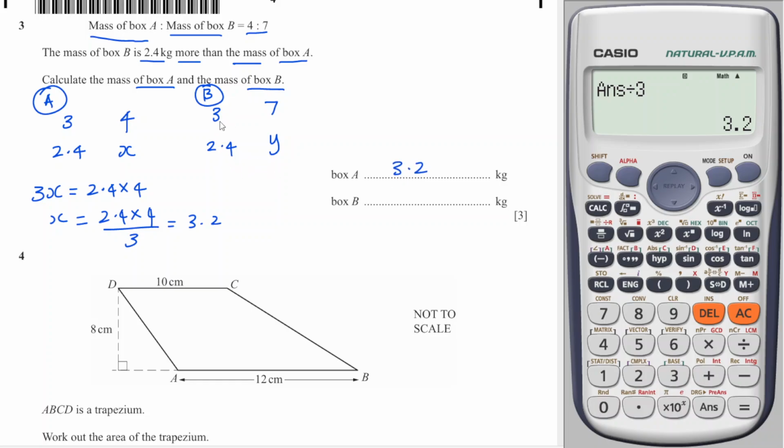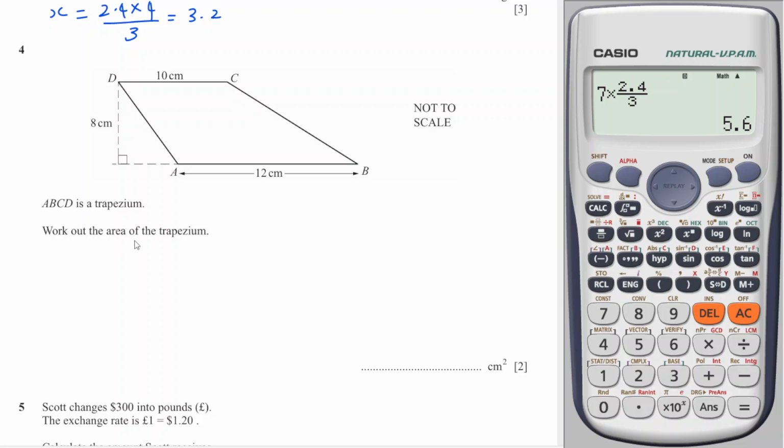We can do the cross multiplication for the other one also. 3y is equal to 7 times 2.4. So y is equal to 7 times 2.4 divided by 3. We'll get the answer as 5.6. So this is 5.6 kg.